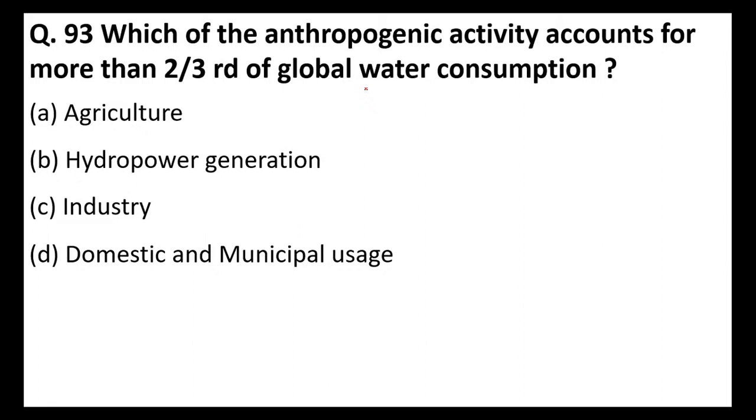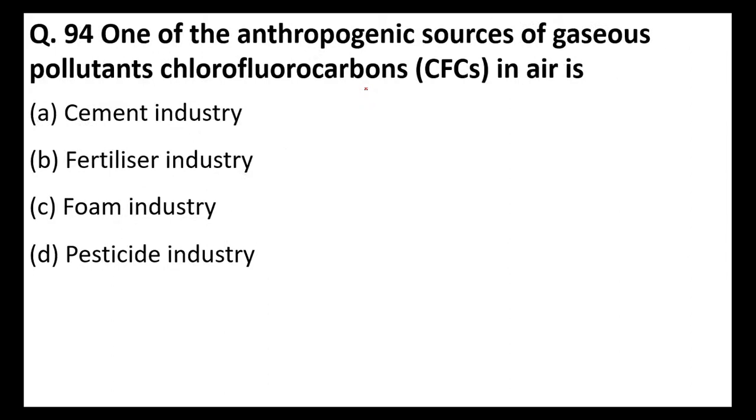Agriculture, hydropower generation, industry, or domestic and municipal usage? The right answer is agriculture. One of the following anthropogenic sources of gaseous pollutant CFC in the air is the foam industry.